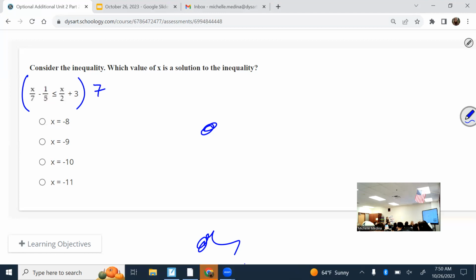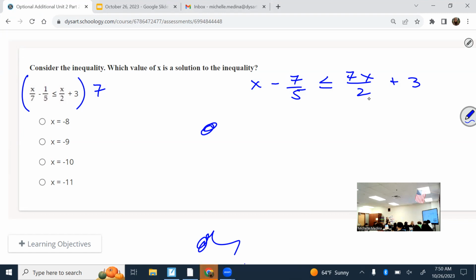So then when I multiply every single thing by 7, that makes this x go away here. 7 times 1 is 7, so then this becomes 7/5. Then it becomes 7x over 2 plus 3. That gets rid of that fraction.